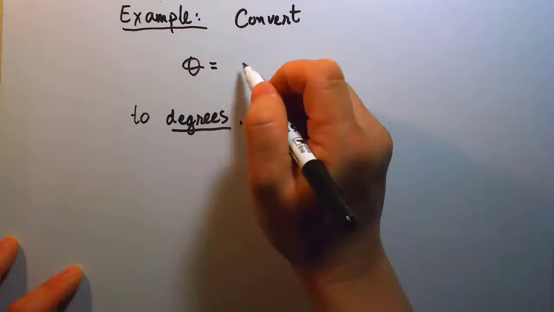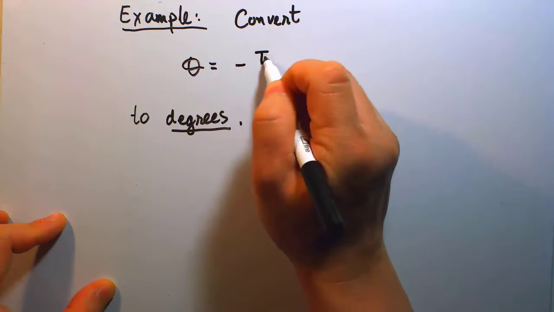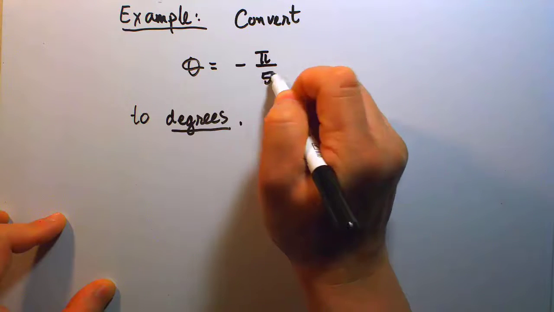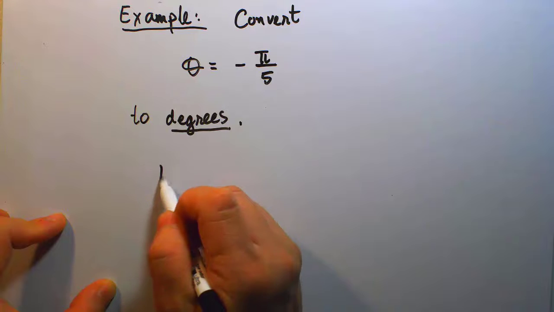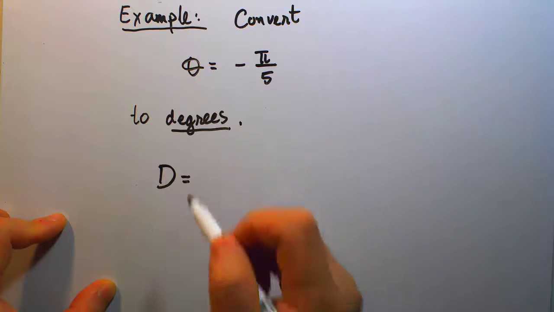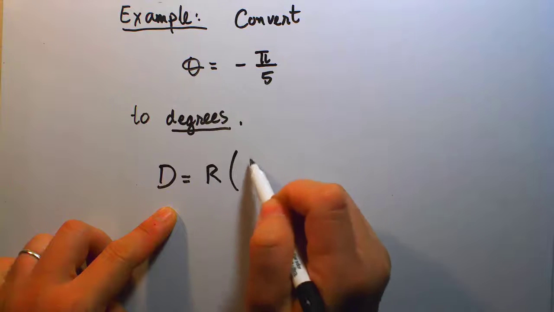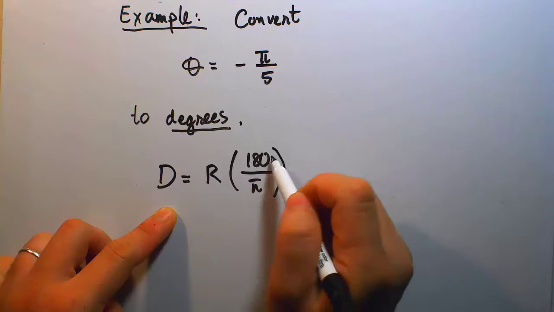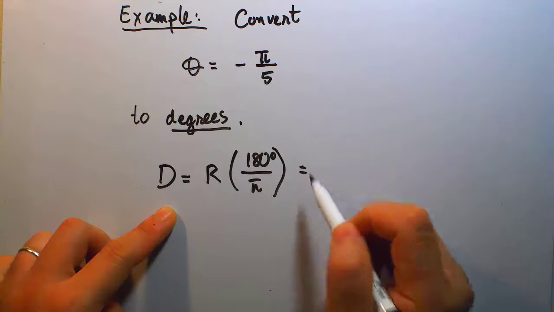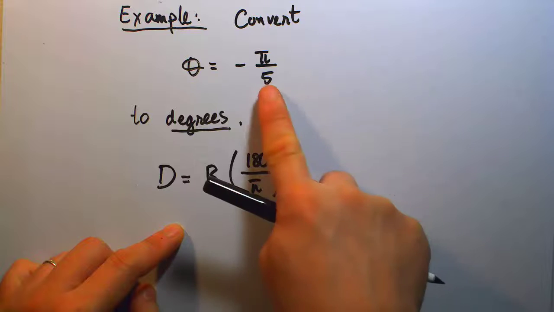And there are times that our angle is a negative angle again, in radians, so negative pi over 5. We can once again convert that angle into degrees by using the formula: the radians given, multiplied by 180 over pi. The only difference now is that the radian is given as a negative.